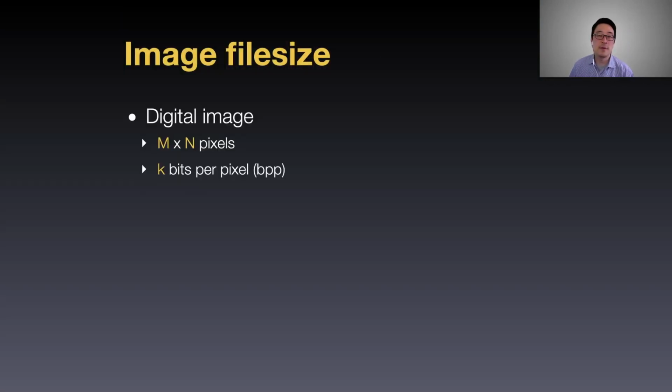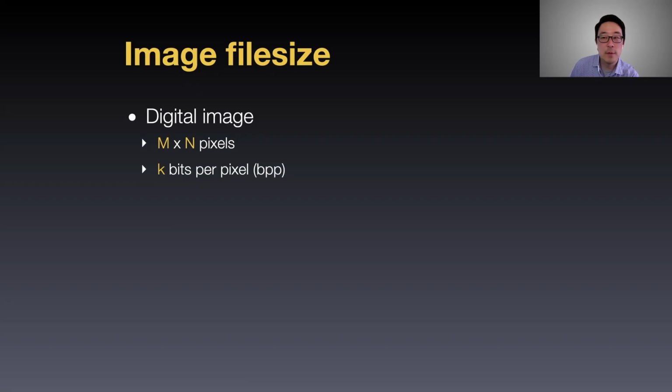So how does that translate into the size of an image file? Well, similarly to audio, where we would take the sampling rate and the length of the file and then the bit depth, we're going to do essentially the same thing here, except now we don't have just one dimension of values to worry about, we have 2 dimensions.